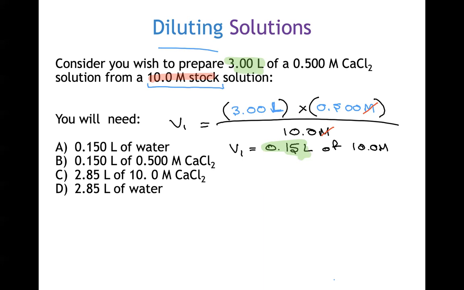So the way we would prepare it is we'd use 0.15 liter of the 10 molar solution plus 2.85 liters of water, which is basically, in this case, our solvent, right? Notice the 2.85 is simply 3 minus 0.15.